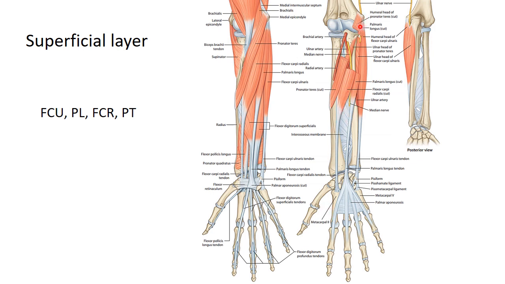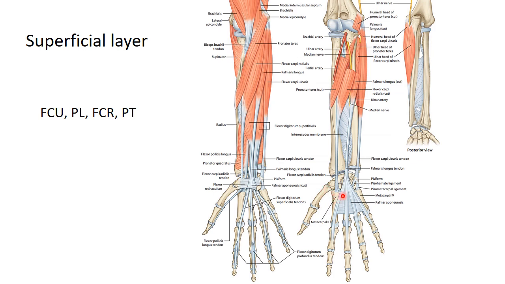Flexor carpi radialis has only one origin, the humeral origin, from the common flexor tendon at the medial epicondyle, and also converts into a long tendon that inserts into the base of the second and third metacarpal bones. The first, the thumb, is called the first metacarpal bone.